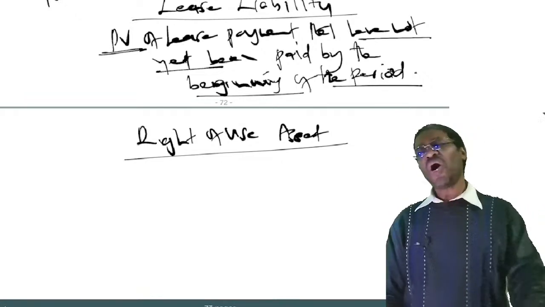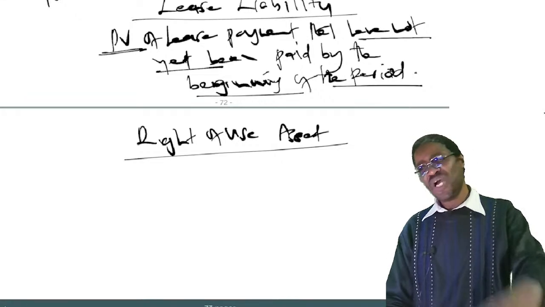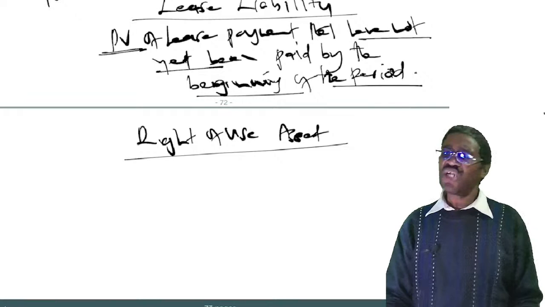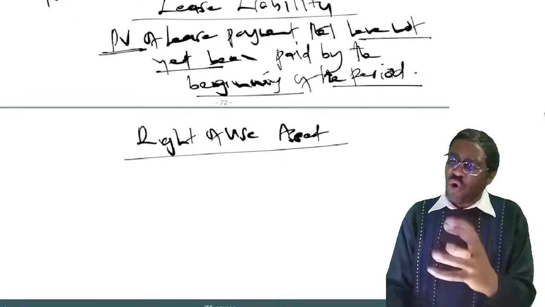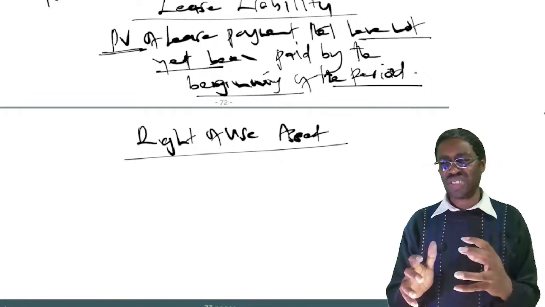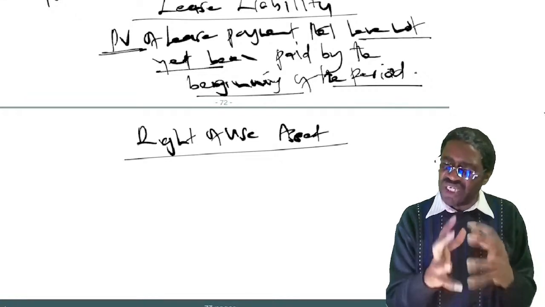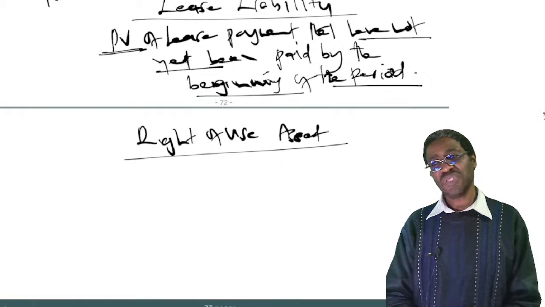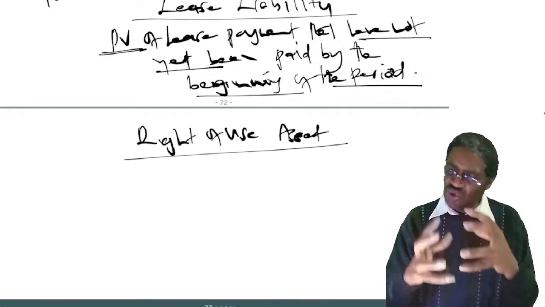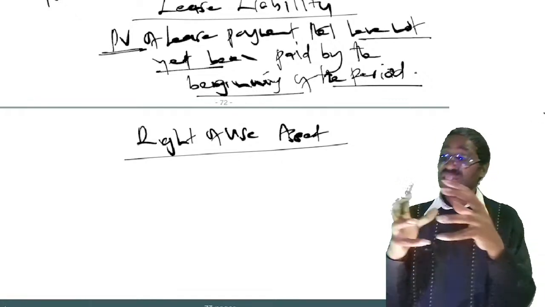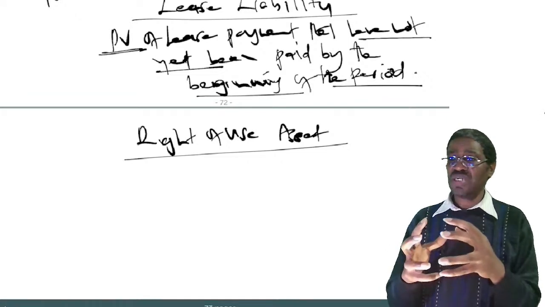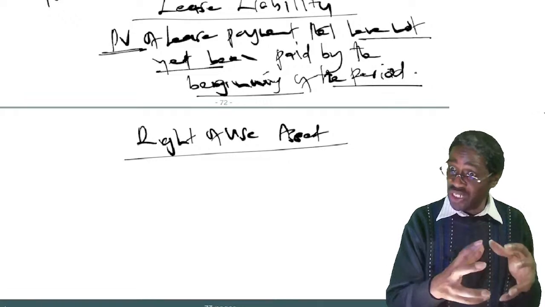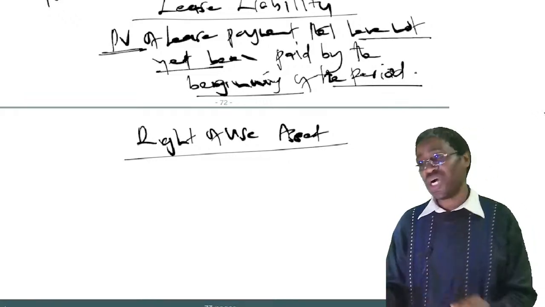Listen, you as a lessee, you are leasing this asset. You want to know, what will it cost me in total? Listen, what will it cost me in total to lease this asset? Whatever it will cost you in total to lease that asset, that is what we will consider as your value of the asset, or what we are calling the right of use asset.